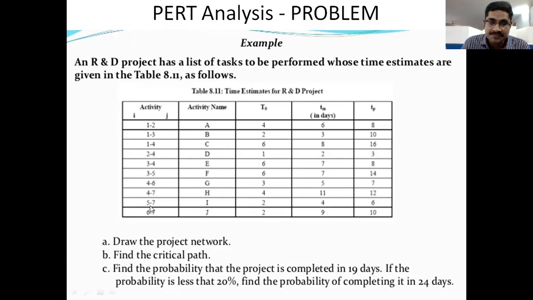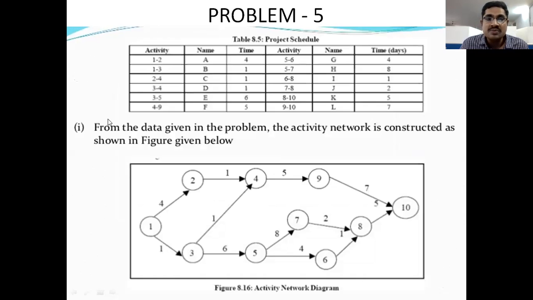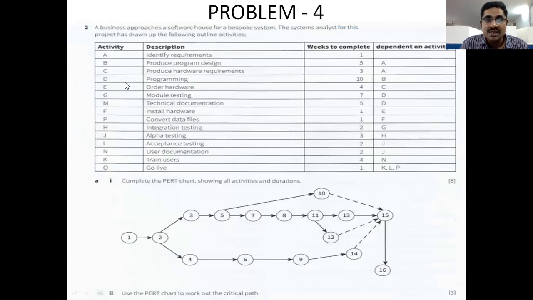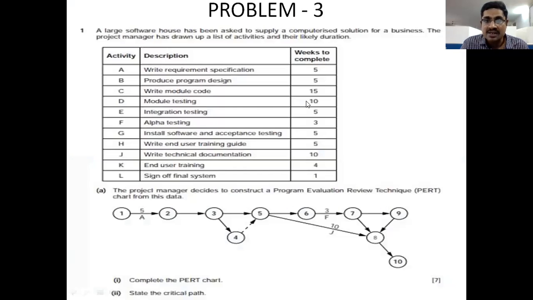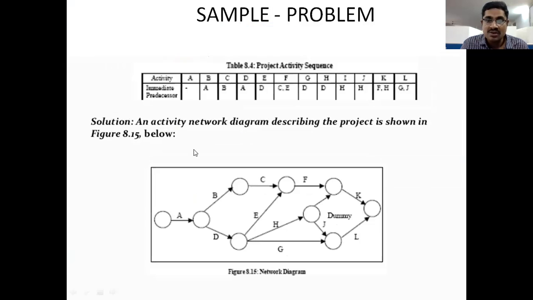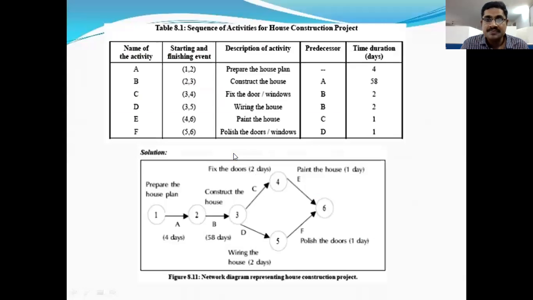Suppose the activity 1 to 2 has three types of timings. But in the previous problems, the 1 to 2 activity had only a single estimated time. Just observe all the previous problems: each and every activity has a single time.